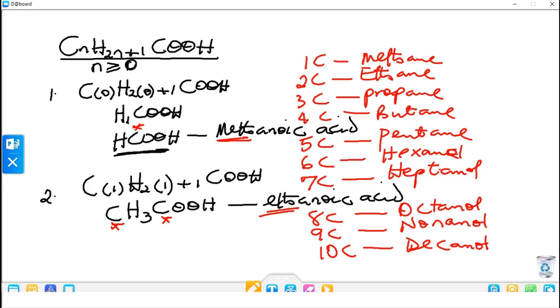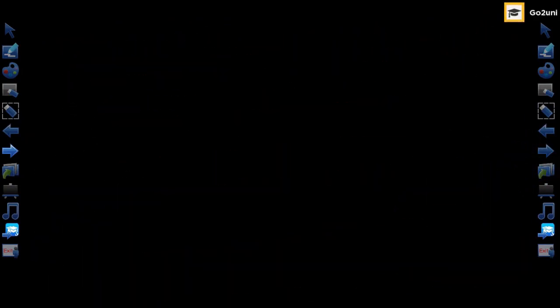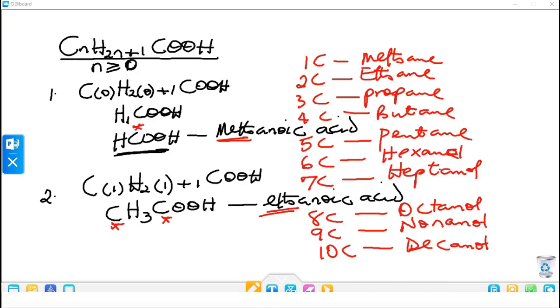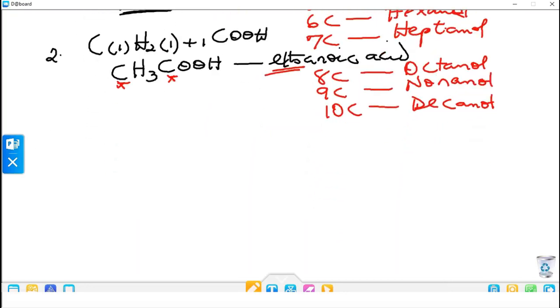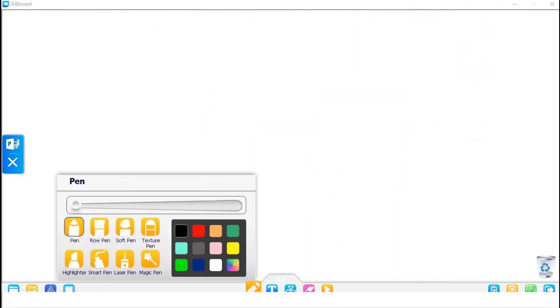So having seen the molecular formula for alkanoic acids, let us take a look at the structural formula. We are going to consider how to write the structural formula for alkanoic acids now. So let's proceed. For alkanoic acids, let us look at the structural formulae for some members of the family.